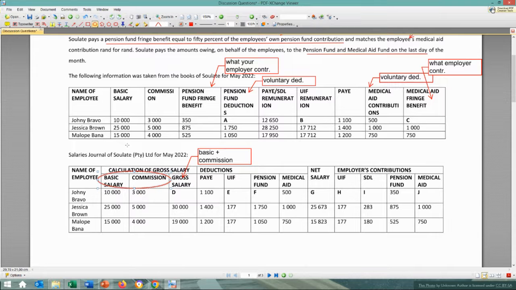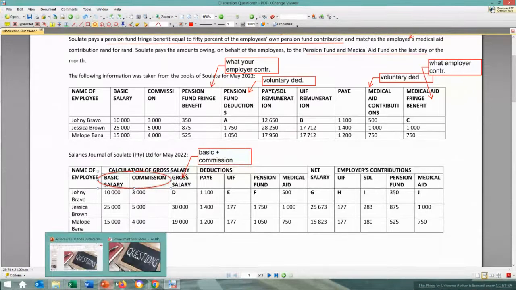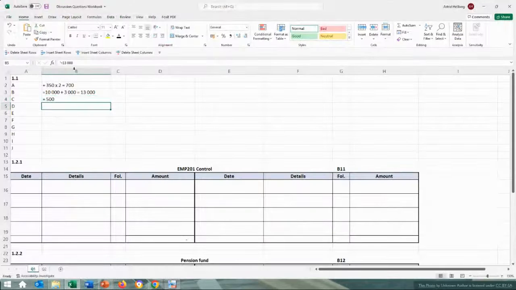Okay, that's absolutely correct, Umpile. So it's 13,000. So it's the 10,000 plus the 3,000 gives us a gross salary of 13,000.